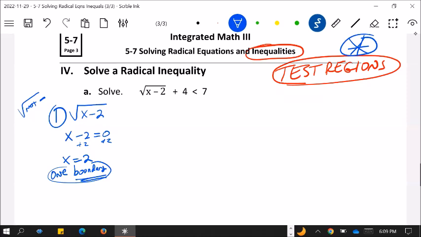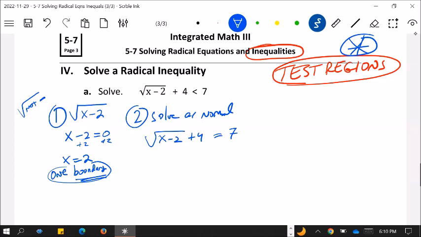All right. Now, having done that, the second part is to simply solve it as normal, as if it was an equal. So x minus 2, plus 4. Some people like to put an equal sign there, because our goal here is to get what x would make it equal. And we'll deal with the inequality in the third part.